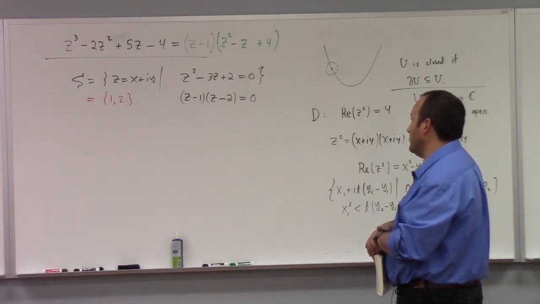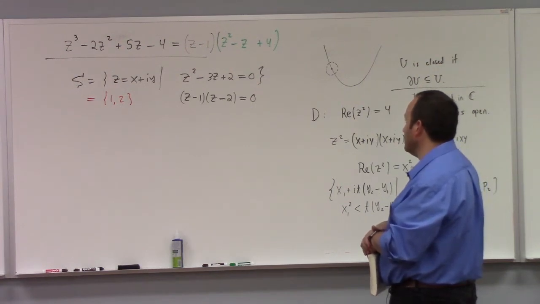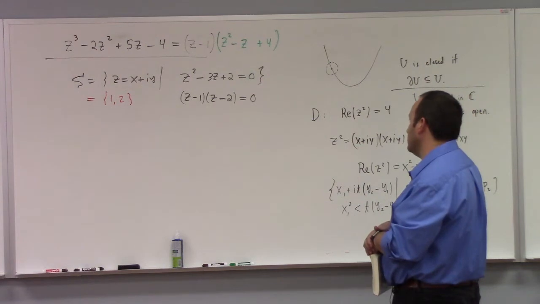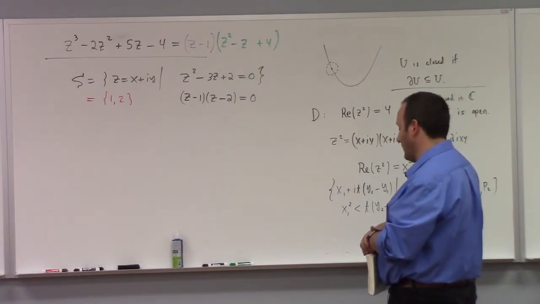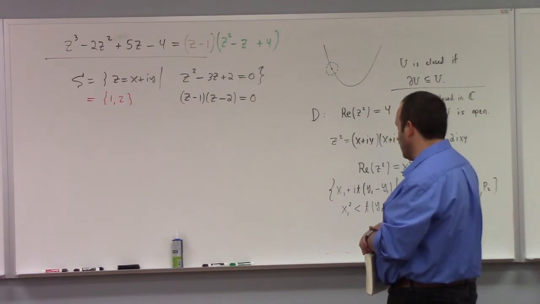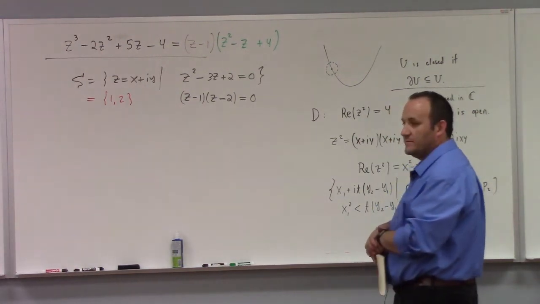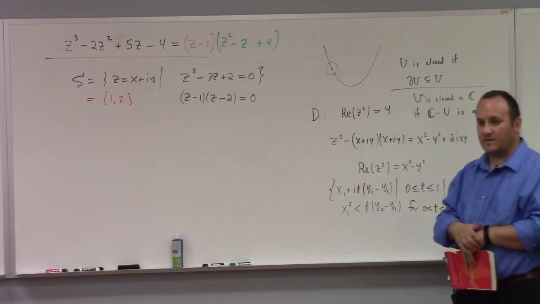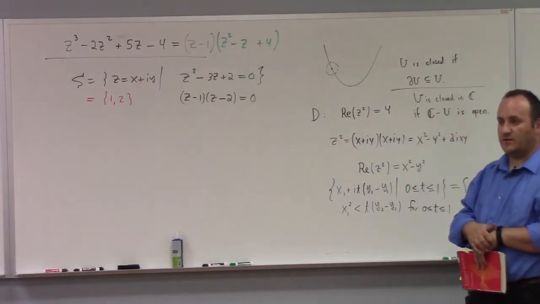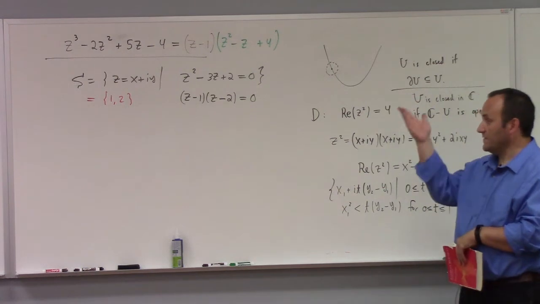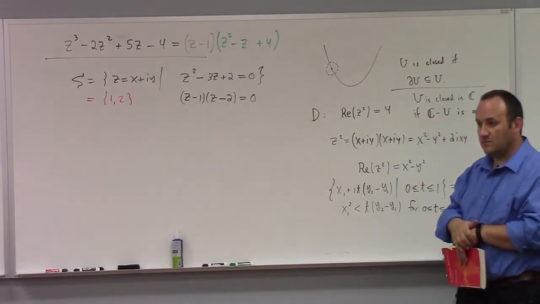The other points are 1/2 plus or minus, whatever that is, square root of 15 over something, I don't know. I don't think the imaginary component to that point is particularly pretty, but it's not a big deal. You could complete the square on the green thing, right?